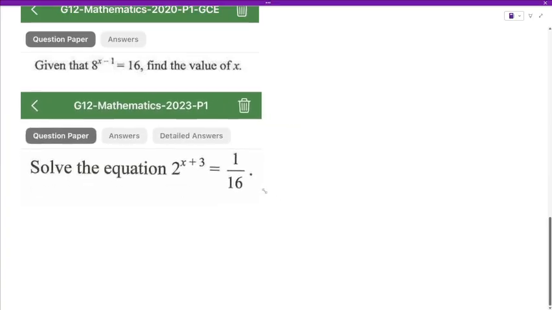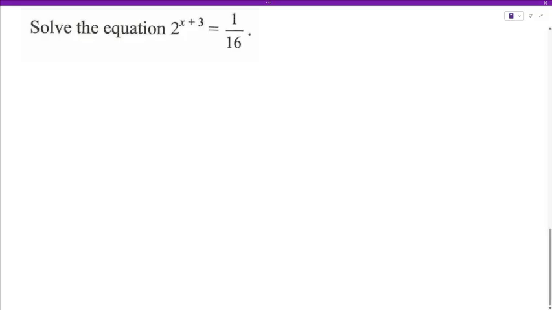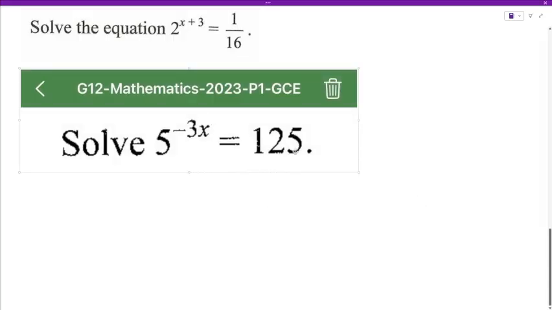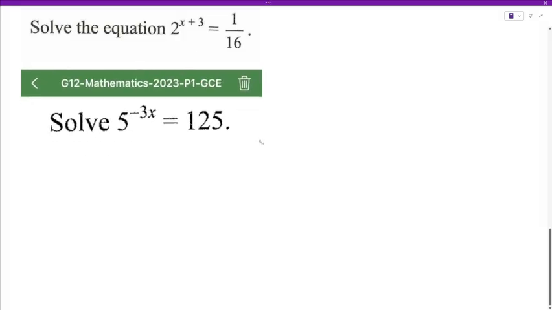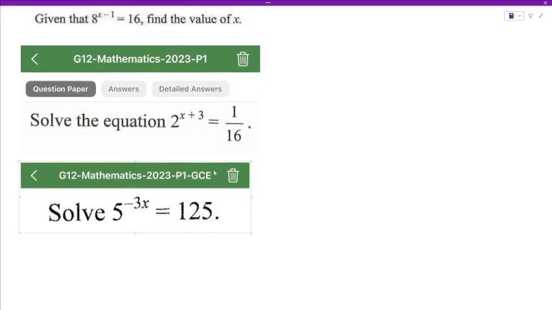Let me use this nice one here as an example, and let me also add a last one, which is going to be this one here. Let's have a couple of examples under exponential equations as well.